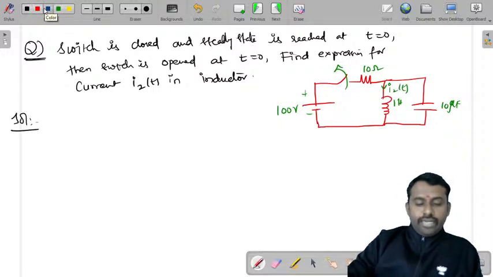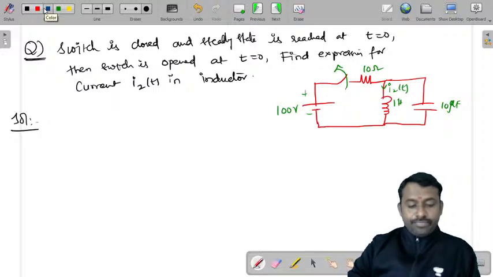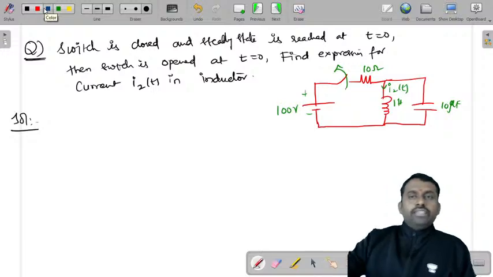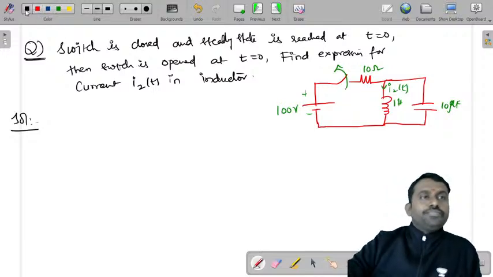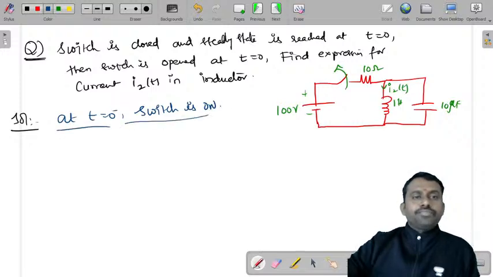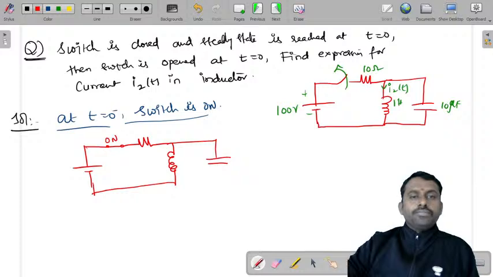So first let's try to write at t is equal to 0 minus. So at t is equal to 0 minus, the switch is already on. So switch is on and capacitor and inductor are charged. So when this happens, the circuit will be, switch is on, this is the resistor, inductor, and the capacitor.